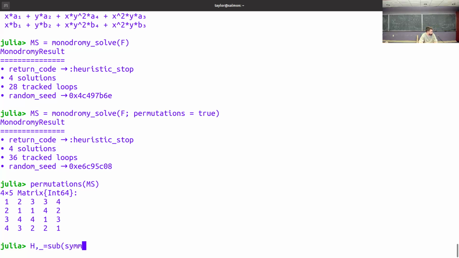So we are looking for the subgroup of the symmetric group on 4 elements, given by these permutations. I should probably have it be the same symmetric group.